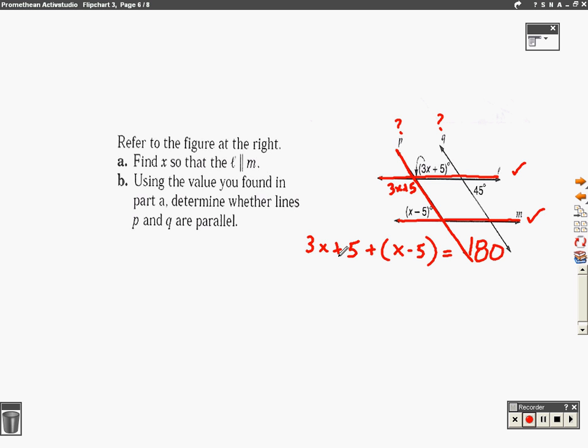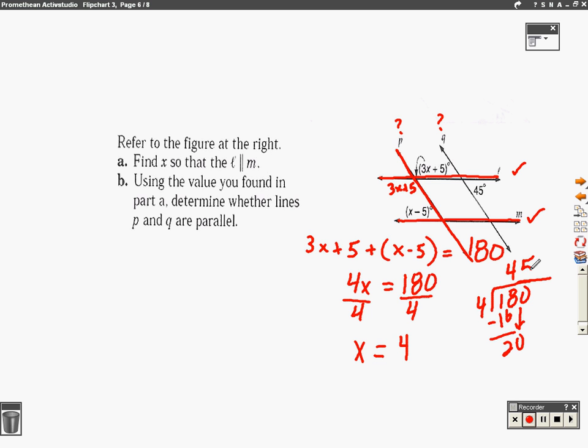So 3x plus x is 4x. 5 and negative 5 cancel out, so you get 180. And when I divide by 4, you get x equals, 4 goes into 18, 45 times.